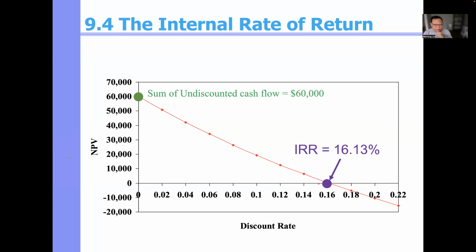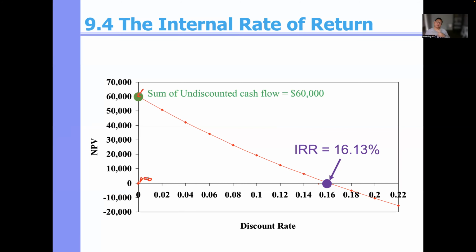So the question I'm having here is, what is this? We know that the cross point of the red line with the x-axis is the internal rate. What about where the red line also crosses the y-axis at this green point? It shows that the value is 60,000. This is when r equals 0.